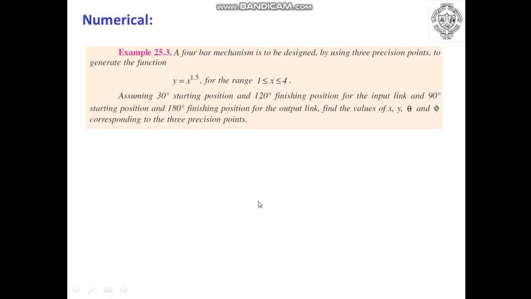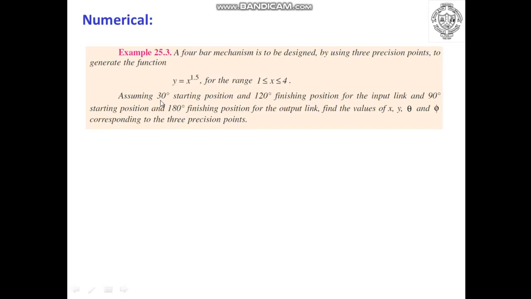So now let us study one numerical based on the Chebyshev spacing and the angle relationship between the input and output crank for function generation. The numerical is given as: a 4-bar mechanism is to be designed using 3 precision points, that is n equal to 3, to generate a function y equal to x raised to 1.5 for the range of x from 1 to 4, assuming 30 degrees as starting position and 120 degrees as finishing position for the input crank.